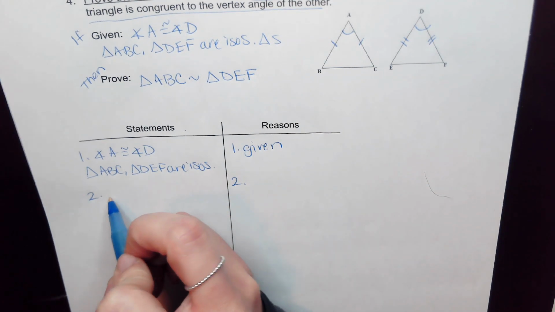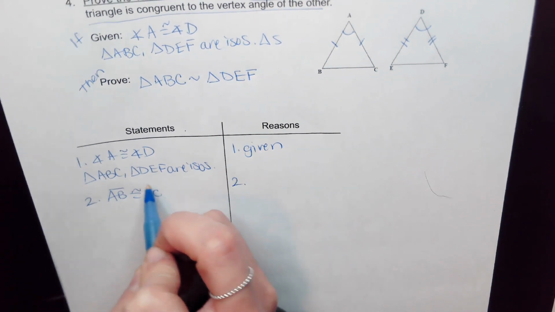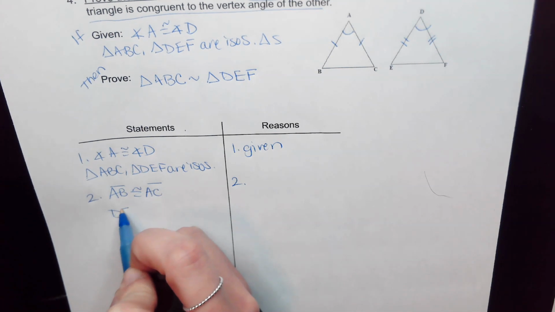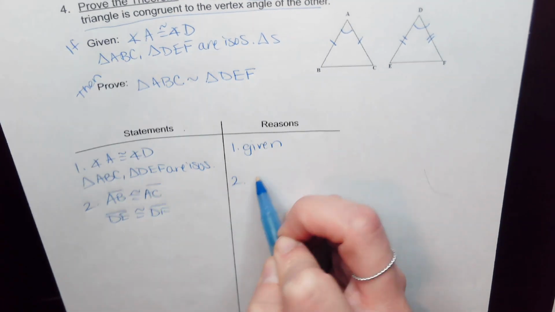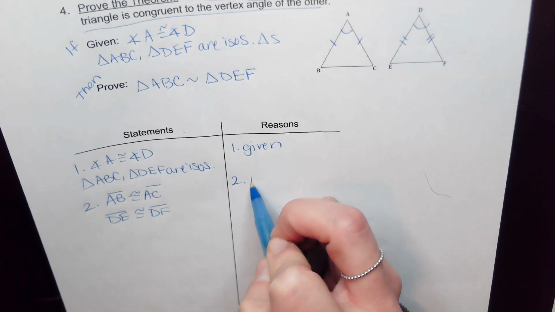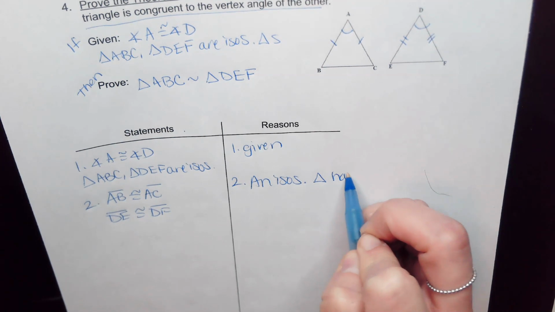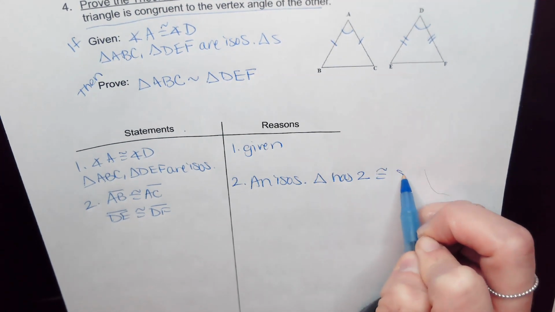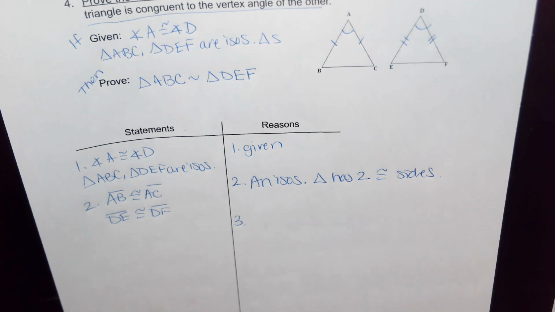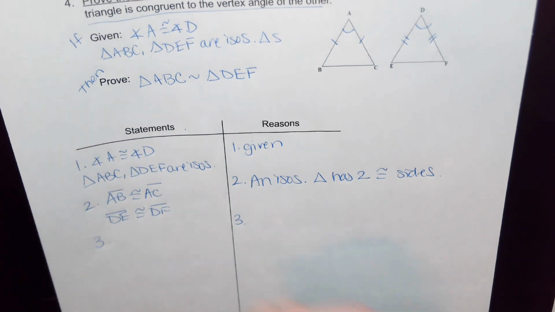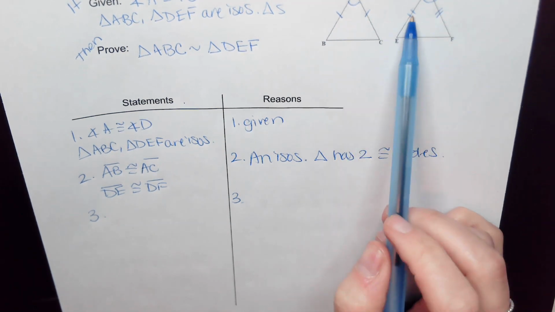So I know that segment AB is congruent to segment AC, and I know that segment DE is congruent to segment DF. And the reason there is an isosceles triangle has two congruent sides. All right, so how are we going to get these to be similar?